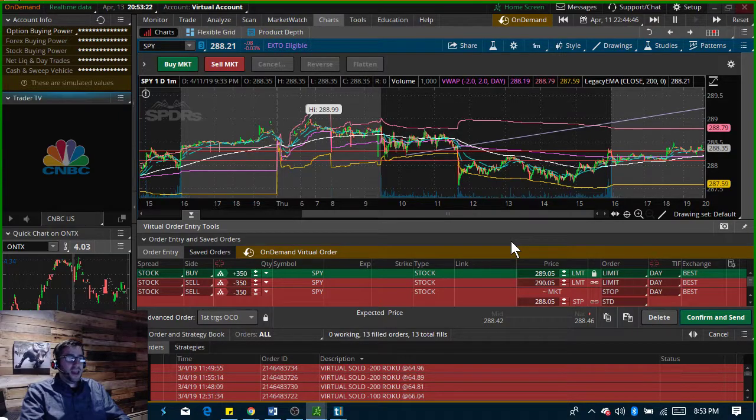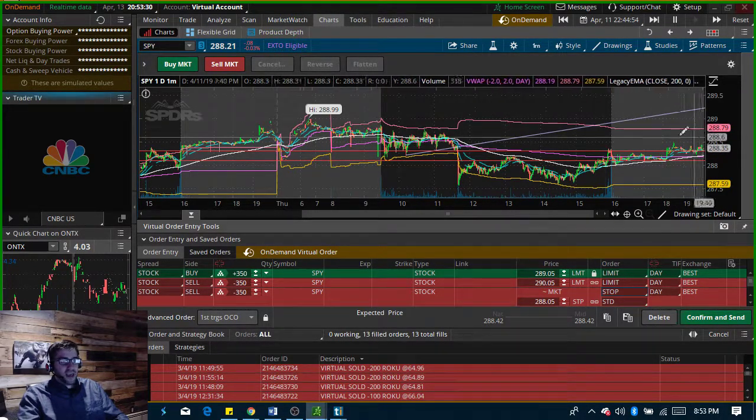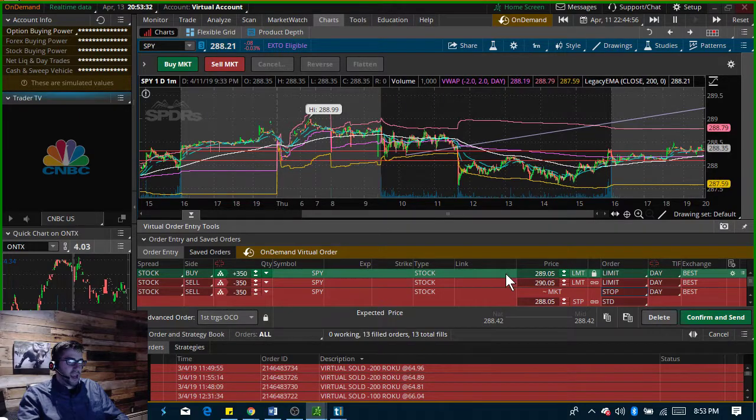Now, in some cases, in some stocks, we might ask you to put in a trailing stop. If you're not familiar with what a trailing stop is, let's say we want you to get in at 288, 289.05, and we want your target to be 290, about $1, which means we don't want you to risk more than a quarter.